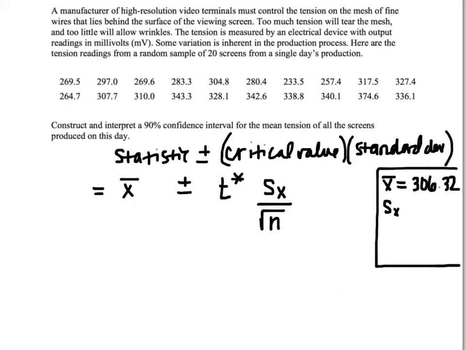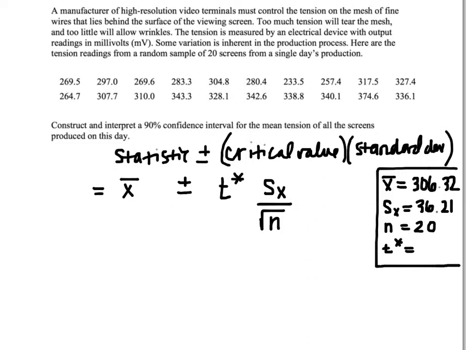It tells you that the sample standard deviation is 36.21. We know our sample size is 20, and we get t star using degrees of freedom 19 and a level of confidence 90.